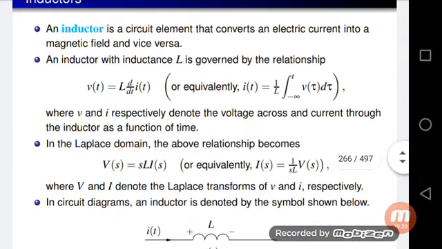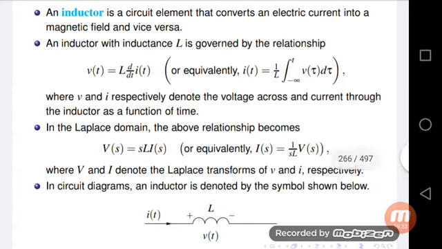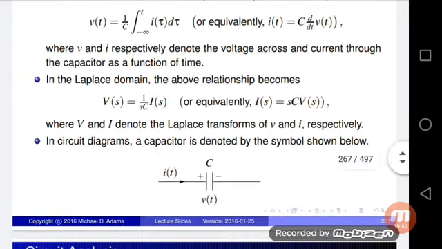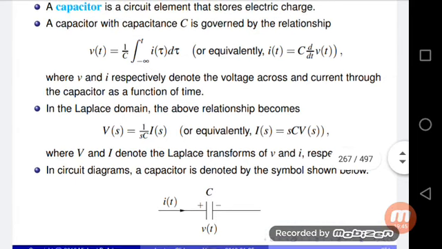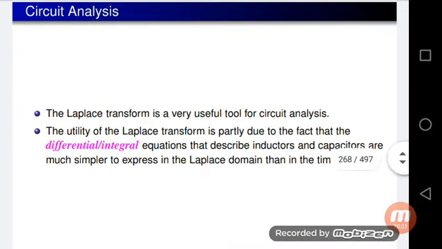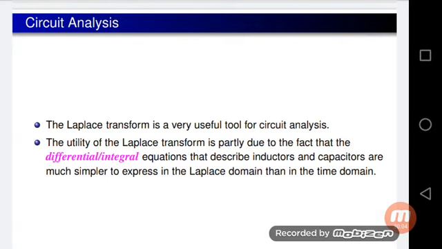And this is the symbol of an inductor. Current enters the inductor side, and the voltage varies from the output side. Next one is the capacitor. By using a capacitor, it will store some energy to control the flow in the circuit.